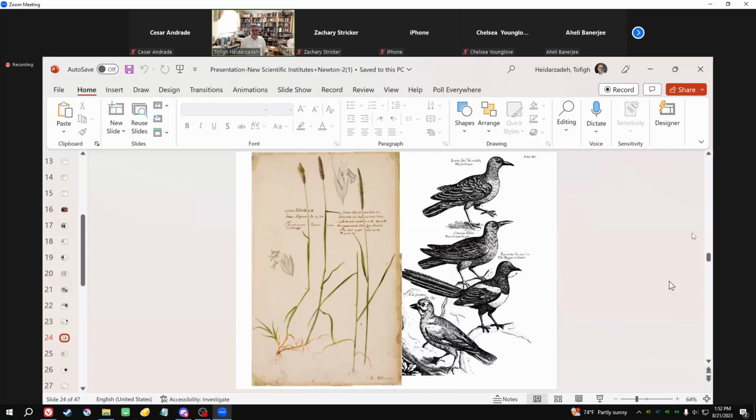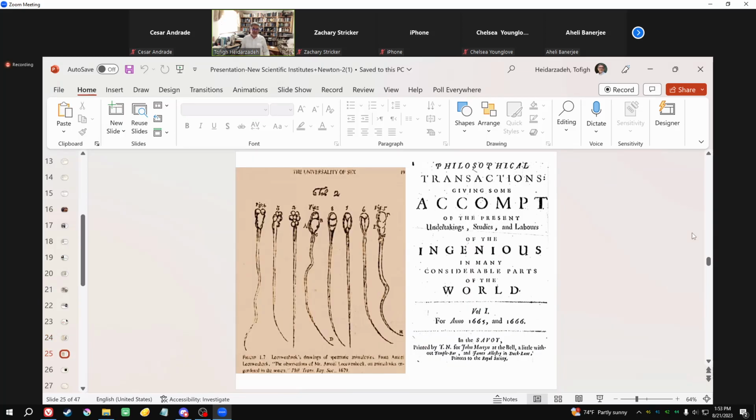This is, again, the cover page of the first issue of the Philosophical Transactions of the Royal Society. And what's so interesting in one of the pages, in page 19 here, I copied and pasted here, is images of human sperm. So combine questions about heredity.